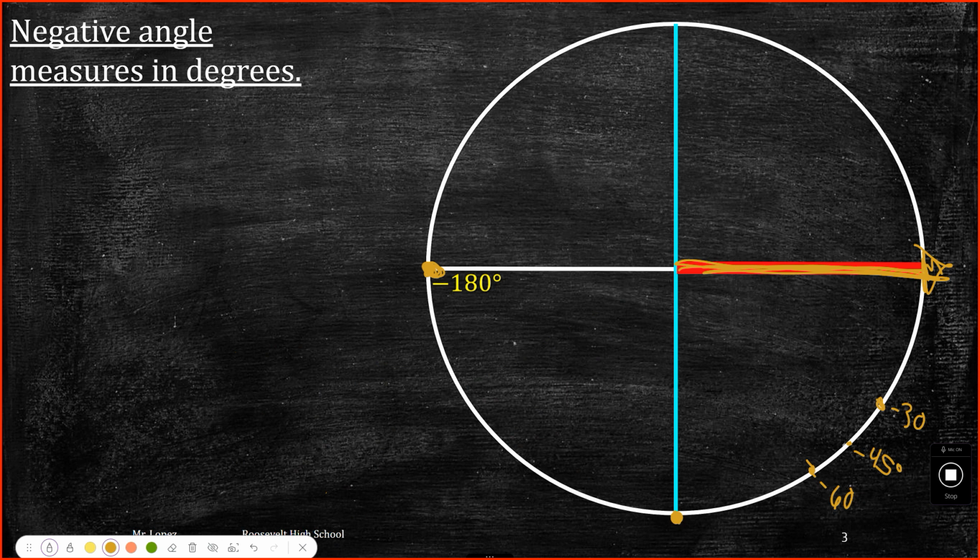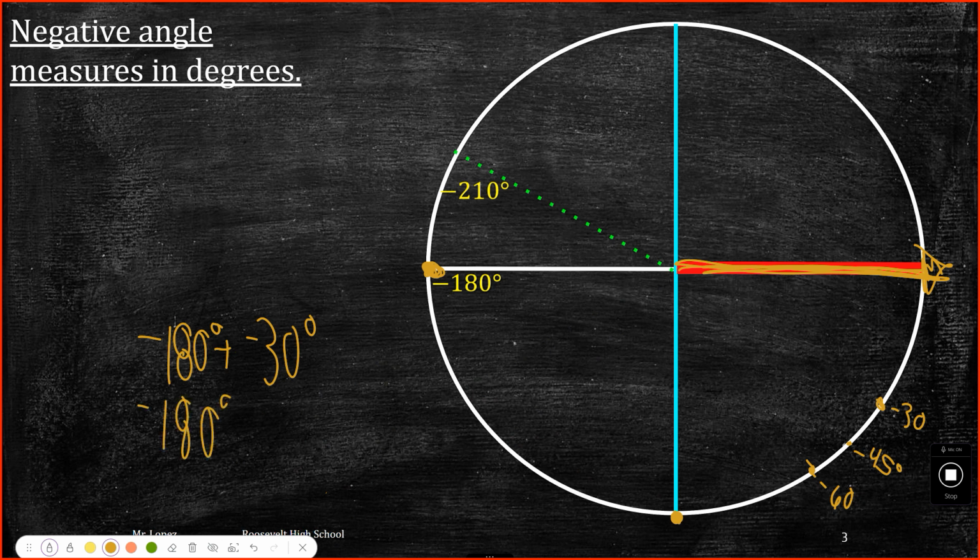Negative 180 plus negative 30 is negative 210. Negative 180 degrees plus negative 45 degrees is negative 225.